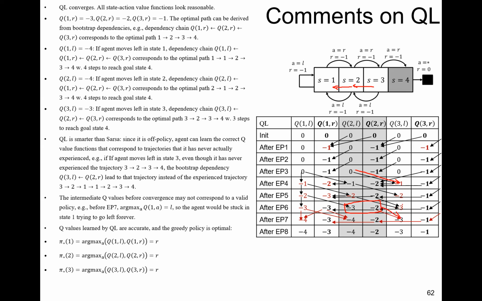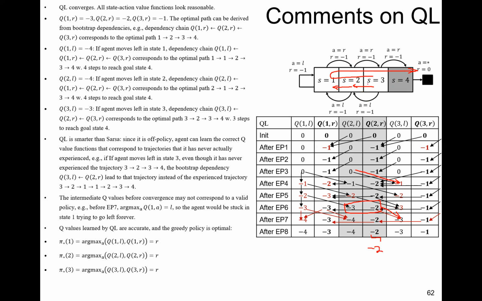This shows that Q2 right, from a previous episode, from these roundabout episodes, from state 2, you know that you can reach the goal in 2 steps. That's why you have this Q value of -2.